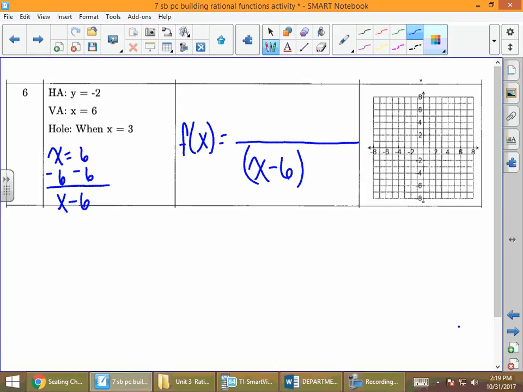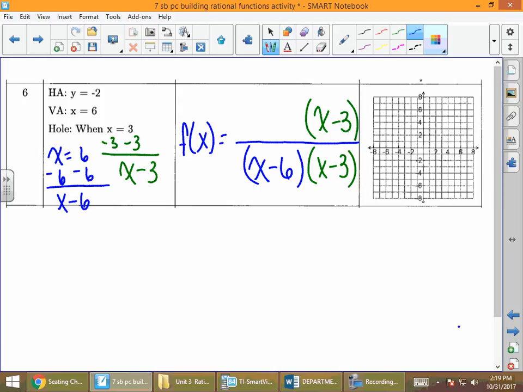So we're going to do the same process here with our hole, which is to subtract 3 from both sides, and we get x minus 3. But you just told me, when we have a hole, the process has been that we're canceling that value out. So since we have x minus 3 in the denominator, we're also going to have an x minus 3 in the numerator. And those would cancel out, but we're trying to come up with the equation this time, working backwards.